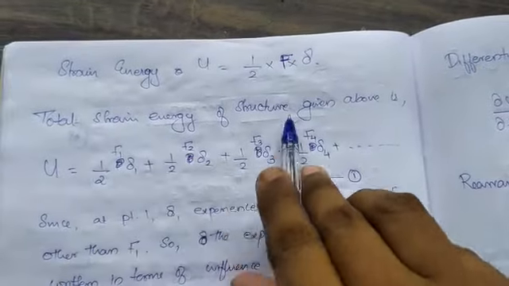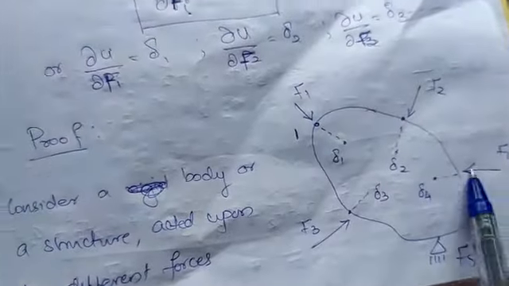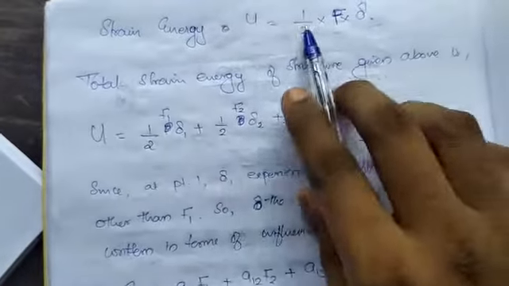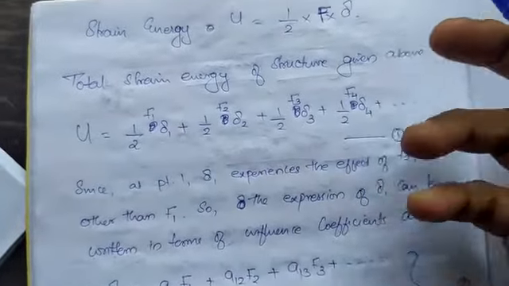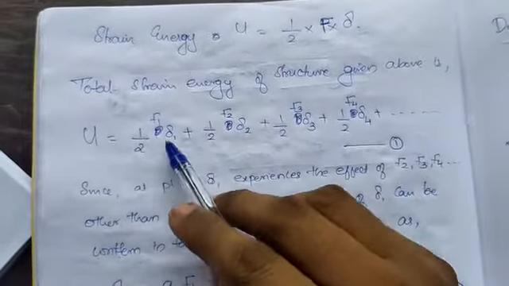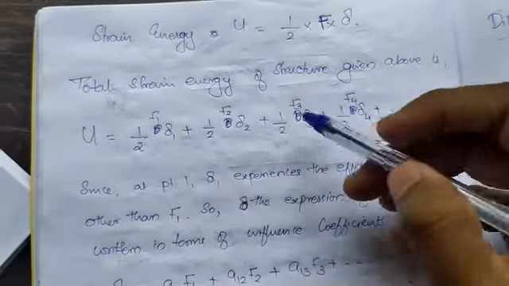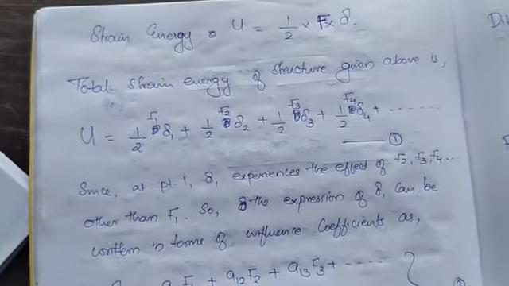So the total strain energy of the structure will be U equal to 1 by 2 F1 delta 1 plus 1 by 2 F2 delta 2 plus etc. It will go like that.